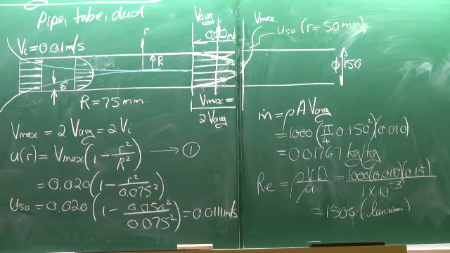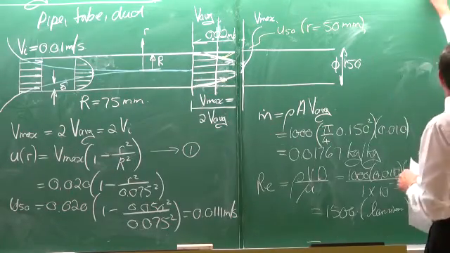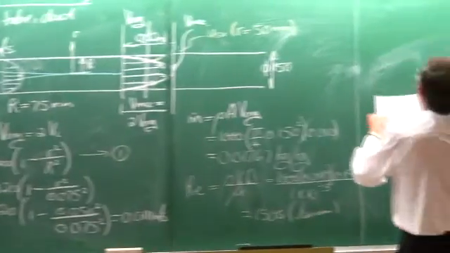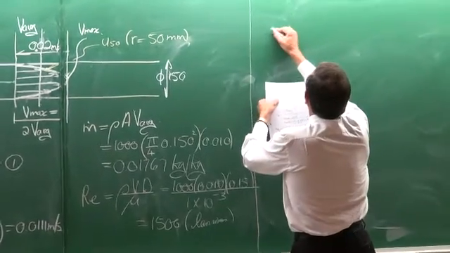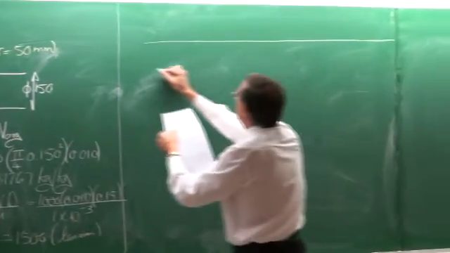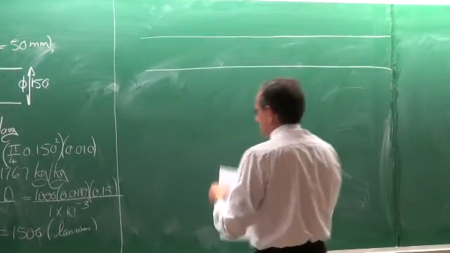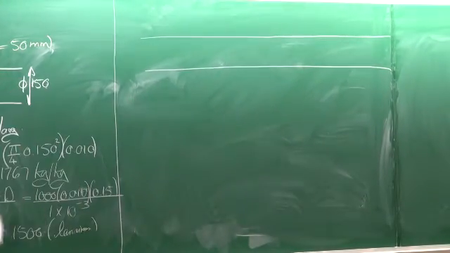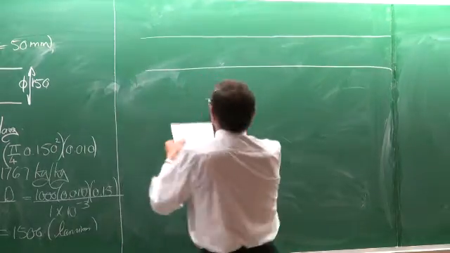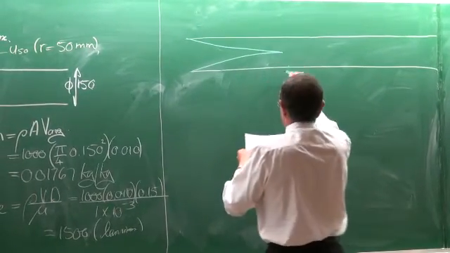Okay. Now let's start making this problem a little bit more difficult. So the same physical problem, the same tube, there it is. And again now in blue, the velocity boundary layer, there it is.